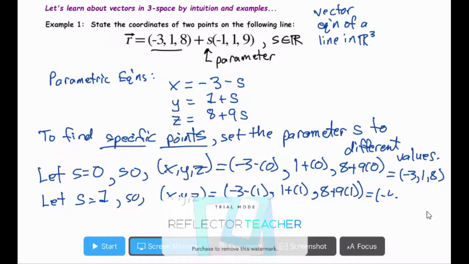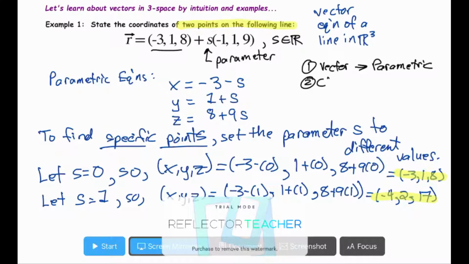So what did we do? Let's just describe our steps. I forget to do that sometimes. You can always remind me. So what did we do? We went from our vector equation to parametric.